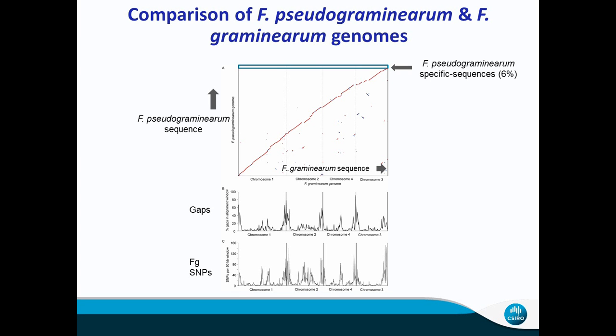These telomeric regions of the chromosomes are quite variable, indicating that some of the virulence proteins may be located in these chromosomal ends.